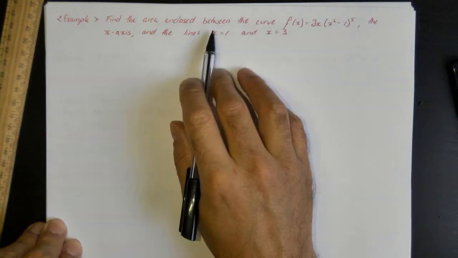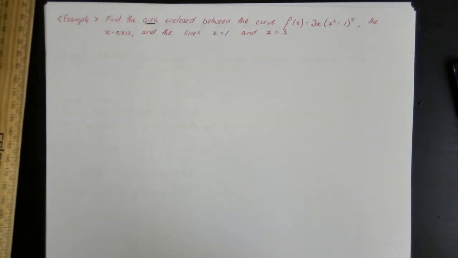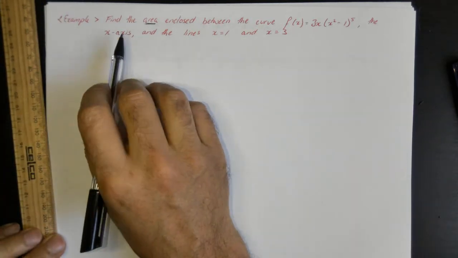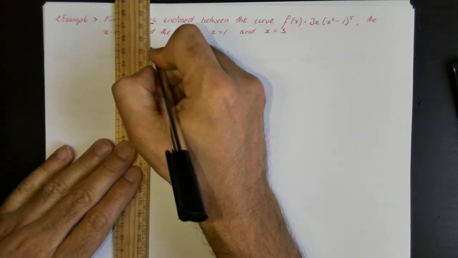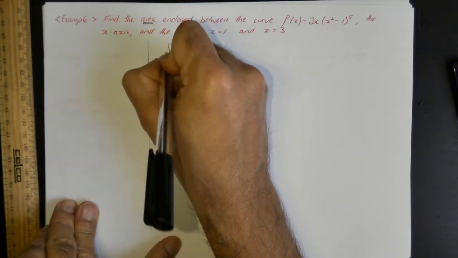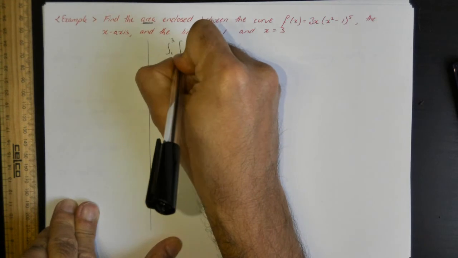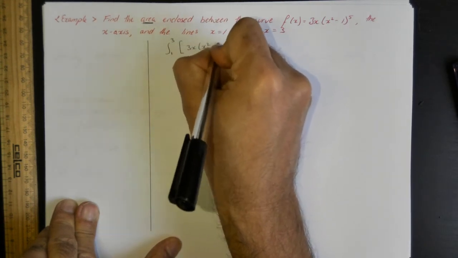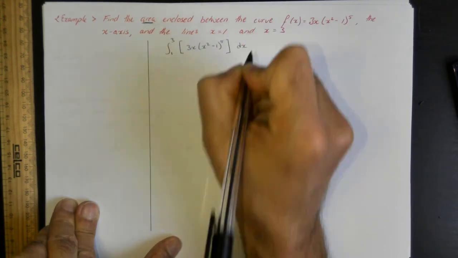We want to find the area enclosed, so I'm going to leave my answer in units squared. So there's my function, and the x-axis and the lines. What I really want to do is integrate from 1 to 3 of 3x times x squared minus 1 to the power of 5 dx.